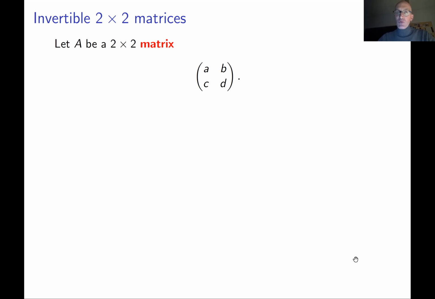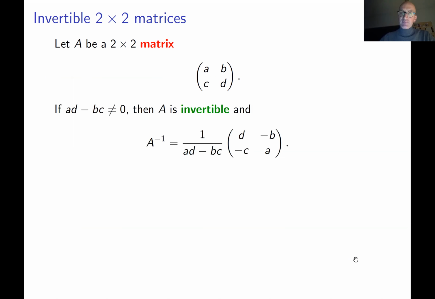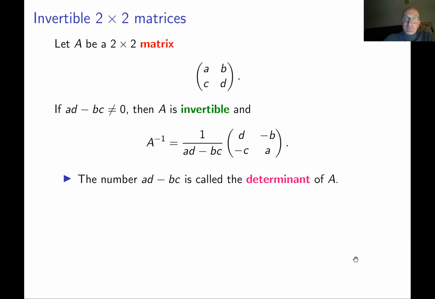So if you have a 2 by 2 matrix with entries A, B, C, D, and if AD minus BC is not 0, then A is invertible, and its inverse is given by this formula. It's a very good exercise to check that this matrix is indeed the inverse of the matrix A, B, C, D. How to do this? Just multiply and check that the resulting matrix is the 2 by 2 identity matrix.